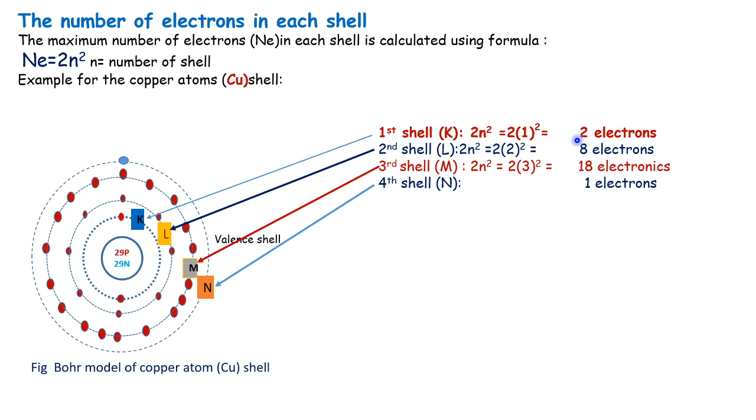So 2 plus 8 is 10, plus 18 is 28, plus 1 is 29. So 29 electrons are in its orbital path. So 2 plus 8 plus 18 plus 1 is a total of 29 electrons. So this is the finding of electrons in each cell.